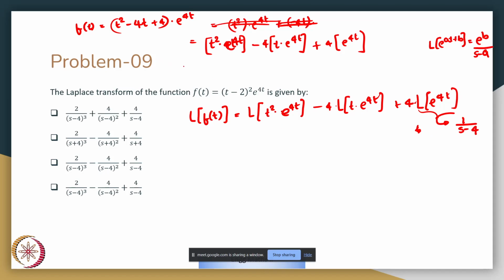Now I'll do one more thing. I'll write g of t equaling e raised to 4t, which means capital G of s equals 1 upon s minus 4.